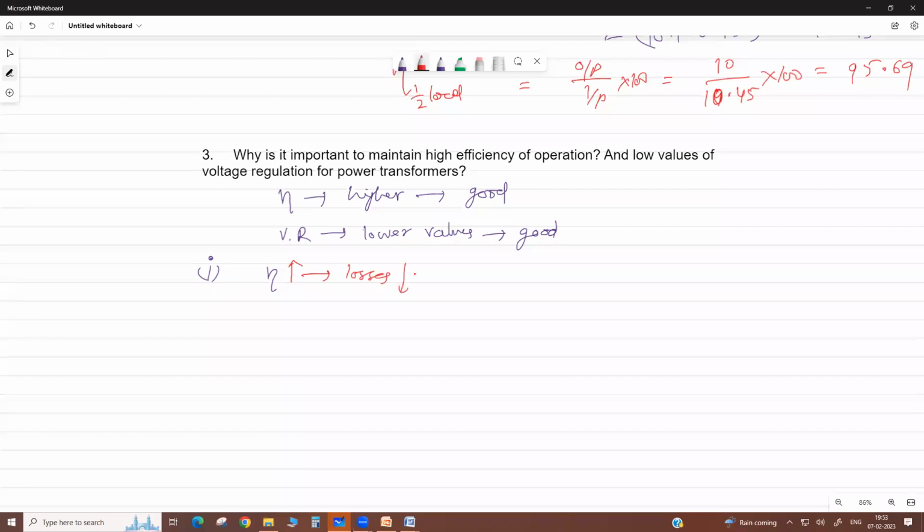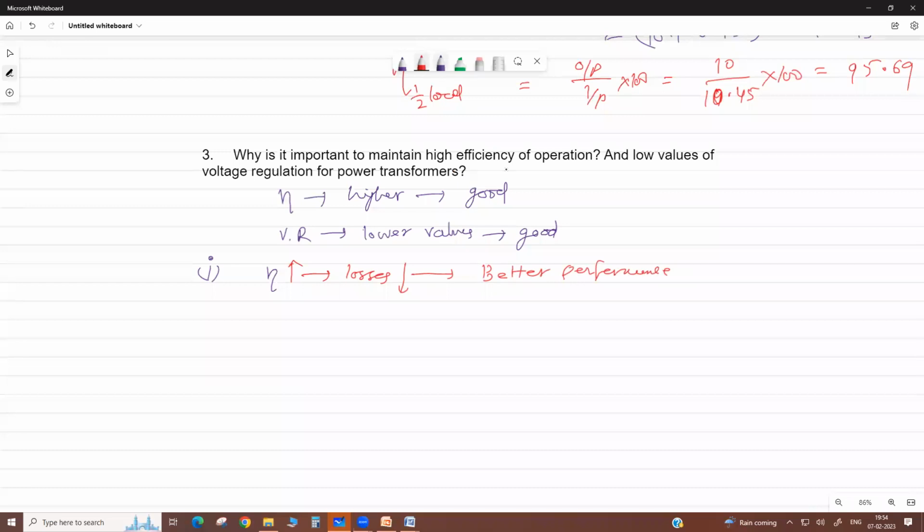If efficiency is higher, losses will be low. Low power loss means better performance.